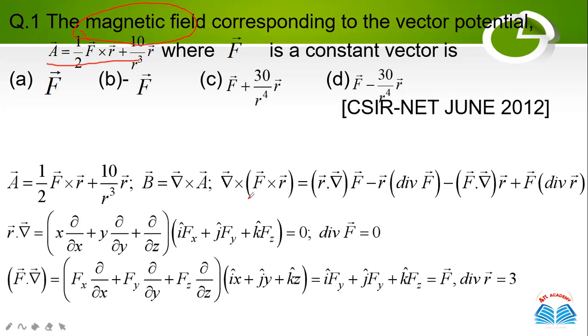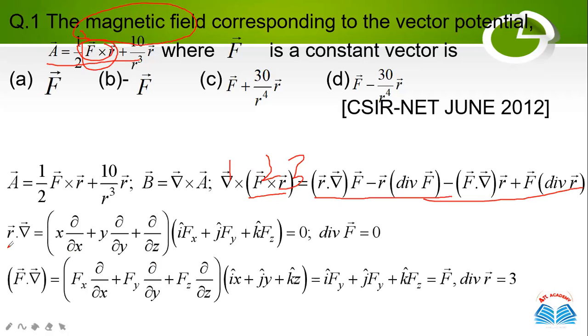If I apply the curl over F cross R, then this will be one vector, second vector, third vector. You know the recipe in mathematics, if you have studied: it is R dot del F minus R divergence of F, and so on. You can use this and get the answer.